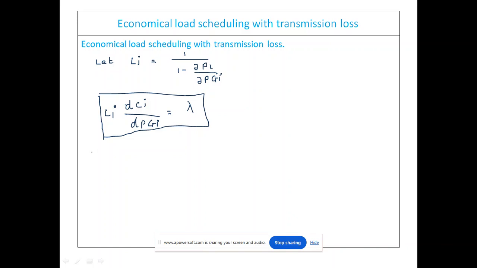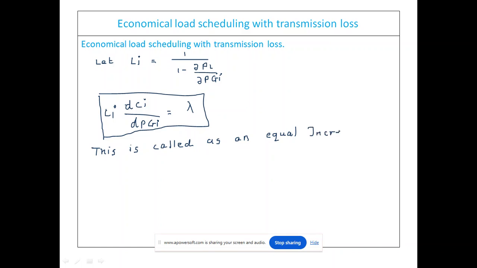This is called as coordinated equation. This is called as equal incremental cost criteria.